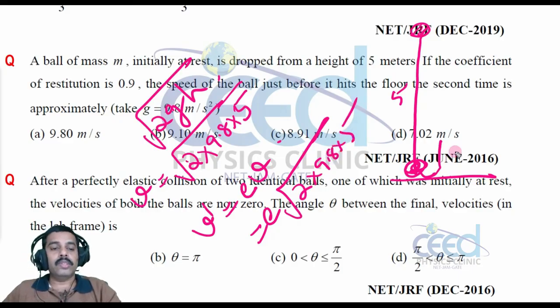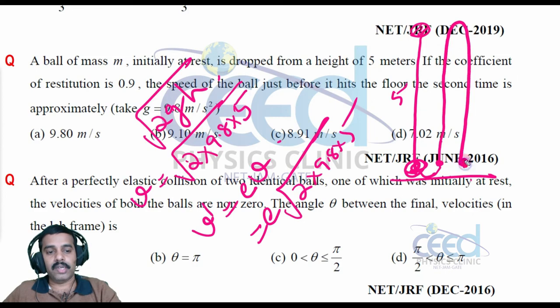Now this velocity after hitting will be the same just before the second hit. It will continue, and when it falls with a velocity, whatever velocity it reaches here will be the velocity before it hits the surface the second time. All right. So e into this velocity, that is root 2gh.